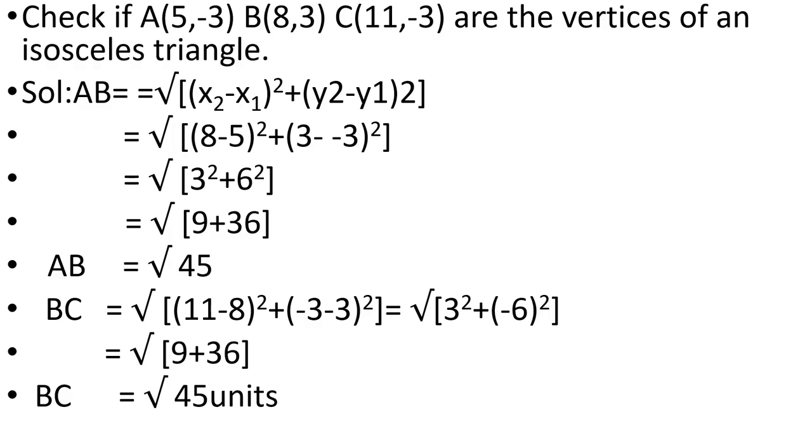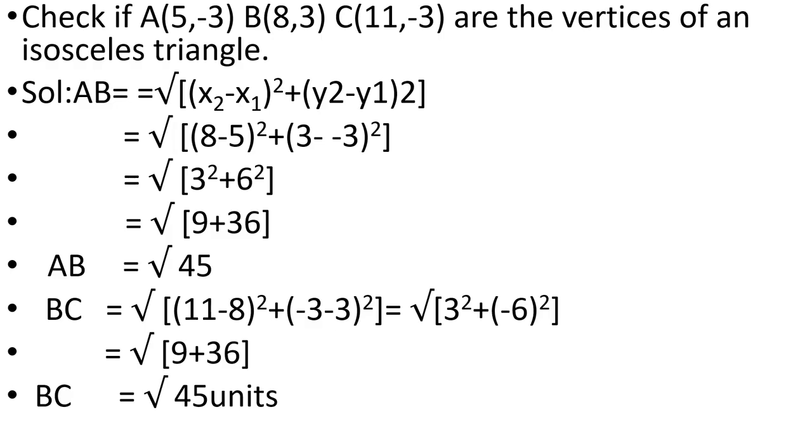So taking AB, applying the distance formula x2 minus x1 whole square plus y2 minus y1 whole square. It is nothing but 8 minus 5 whole square plus 3 minus of minus 3 whole square. So 3 square plus 6 square is nothing but 9 plus 36 is equal to root 45 units. Similarly, I am going to find the distance between BC.